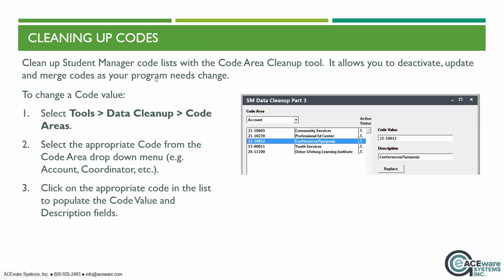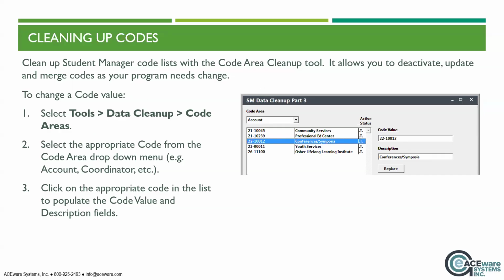Also, you can go into the code area cleanup. It allows you to deactivate or merge codes. So again, if you're combining two, you can say, okay, well, this one and this one, we need to put them together.